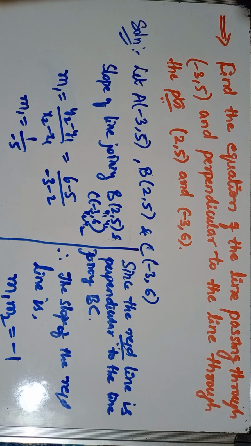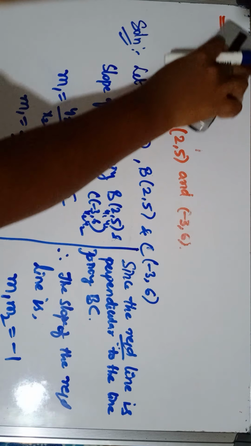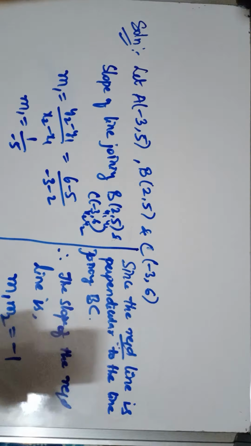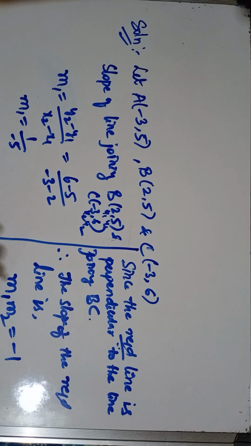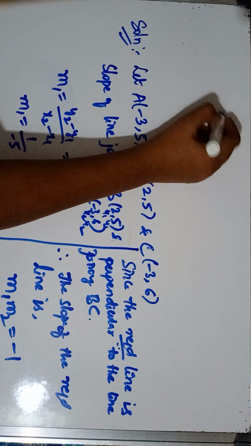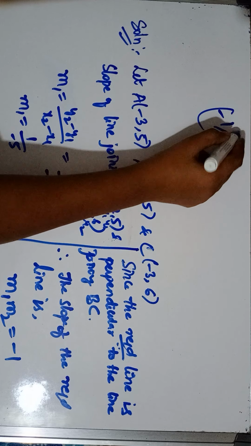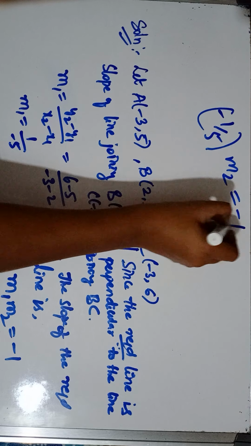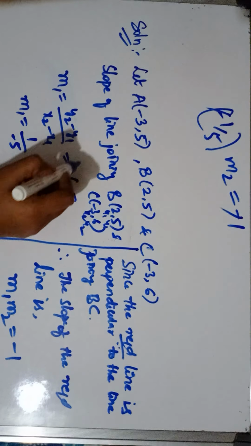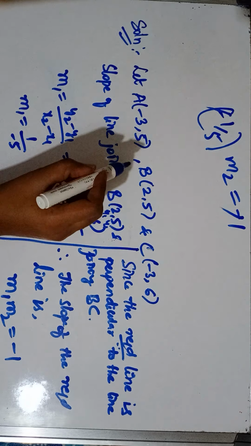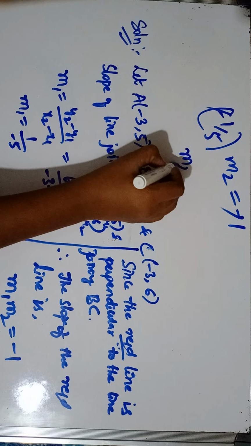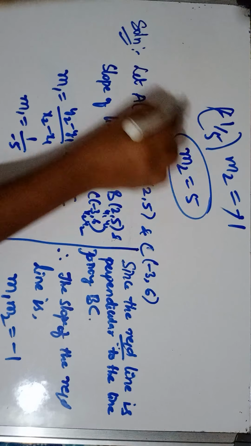Since the required line is perpendicular to the line joining BC, we know the slope of the line BC, which I have considered as m1. So substitute, you will get m2. So -1 by 5 into m2 is equal to -1. Minus gets cancelled on both sides. 5 gets cross multiplied to RHS, so m2 will be equal to 5.